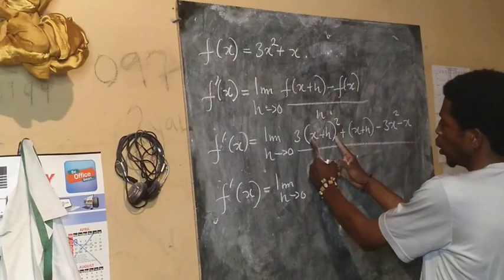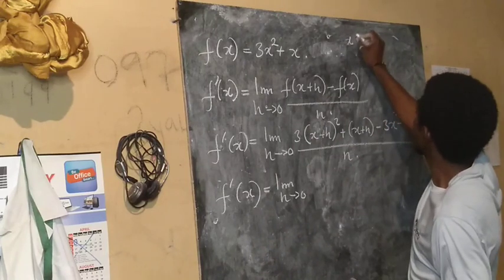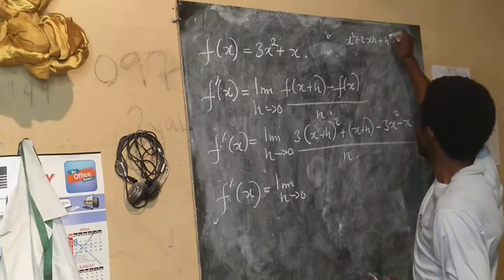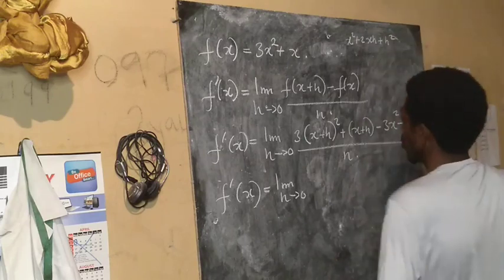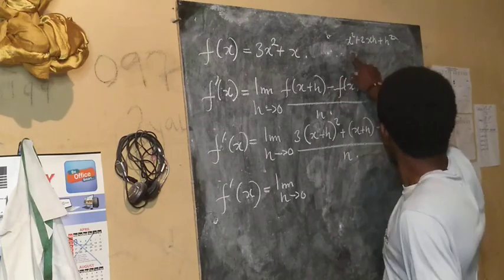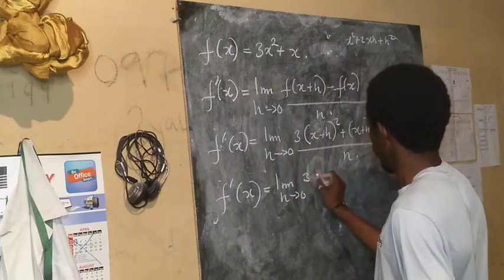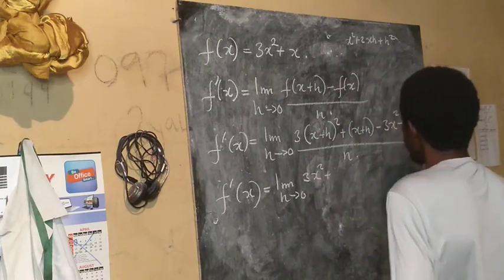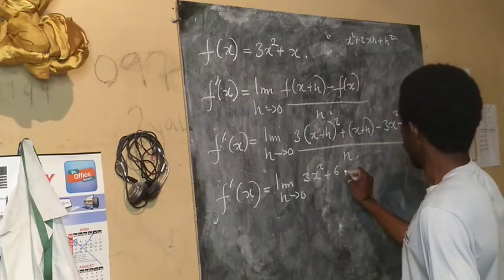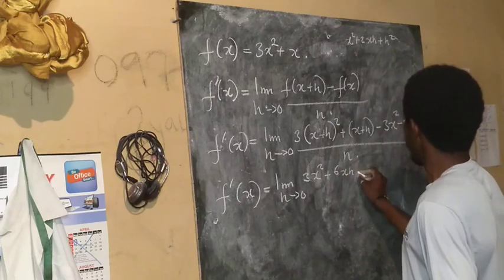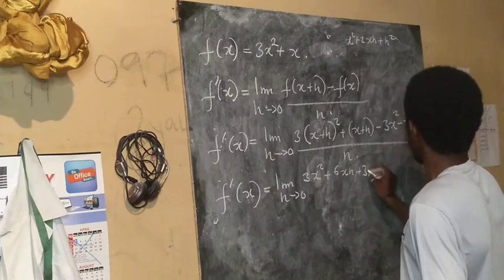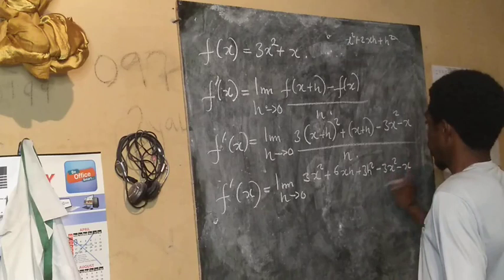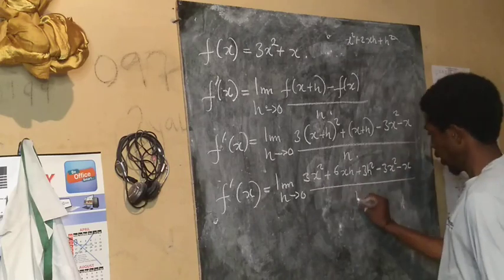When you reach this point, f prime of x, limit when h is approaching 0. The expansion here, we know from the previous video, is x squared plus 2xh plus h squared. So we'll just multiply 3 to this, so that we have 3x squared, plus 6xh, then plus 3h squared, minus 3x squared minus x, then everything over h.